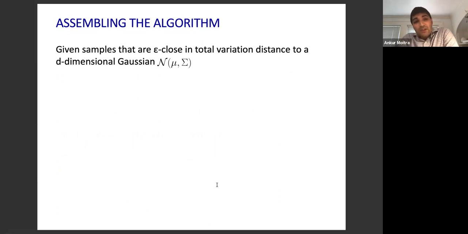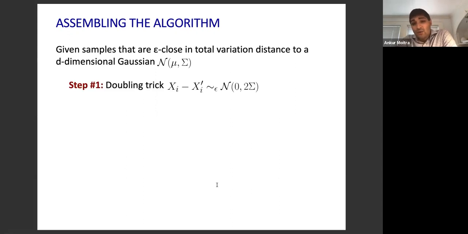So let me briefly tell you about how to assemble the overall algorithm. What happens if I want to solve the full problem? I'm given samples from some distribution that's close in TV to a d-dimensional Gaussian, but I don't know its mean or covariance. So now I can reduce to the 2 cases we studied before. I can take twice as many samples, and now when I look at x_i minus x_i prime, well, the means will cancel, the variances will double.